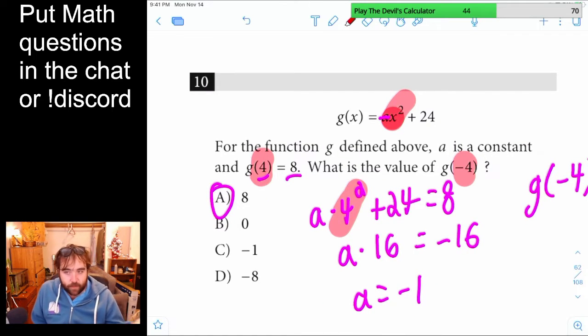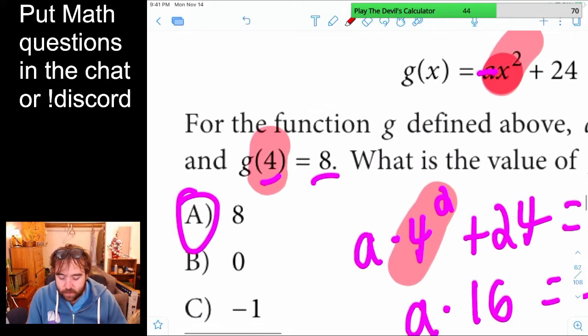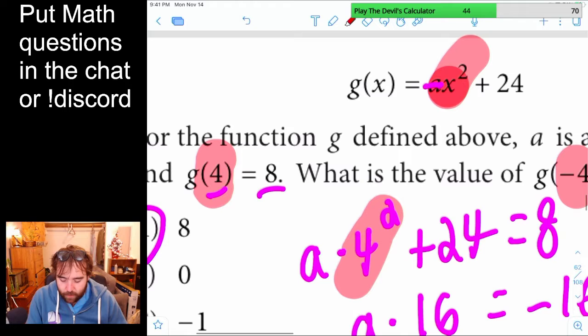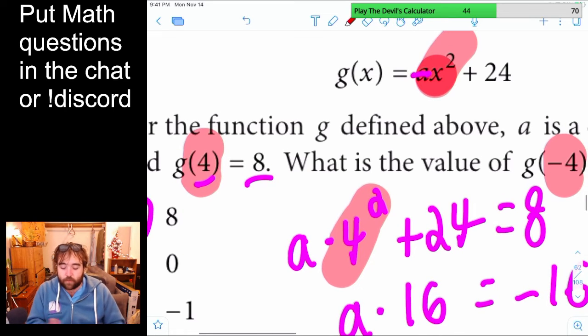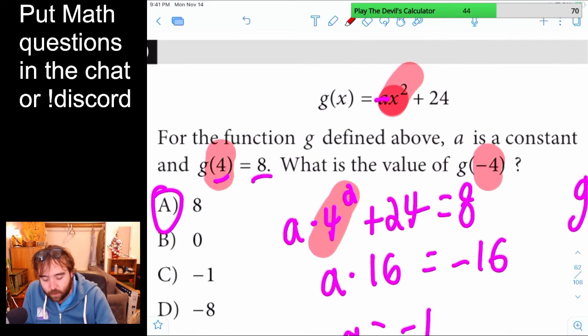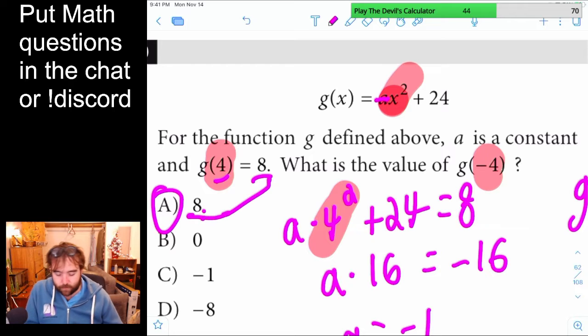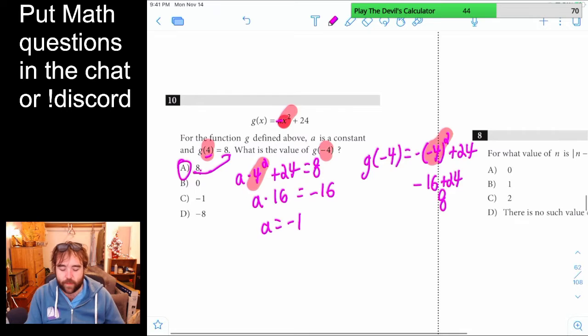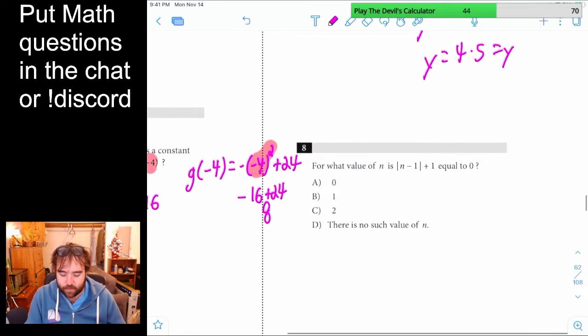We're going to get the same thing, because either way, right away, we're going to get a positive 16. So without doing any work whatsoever, once we see that all we're doing here is squaring the x, we know that plugging in a 4 and a negative 4 is no different. We're still just going to get 8. So that's a cool problem. That shows some of the shortcuts the SAT offers sometimes.